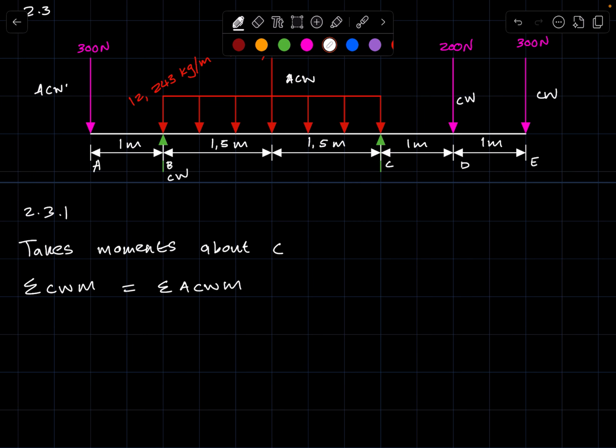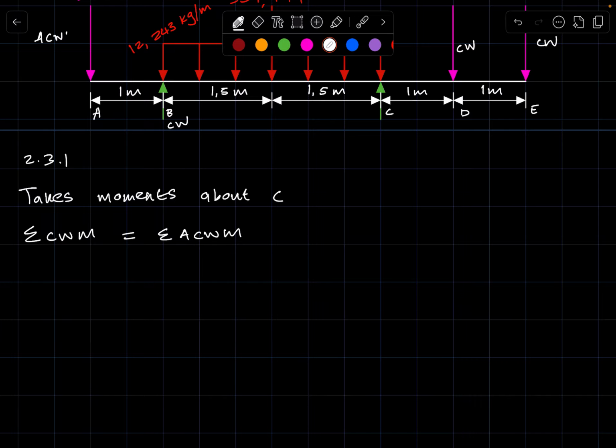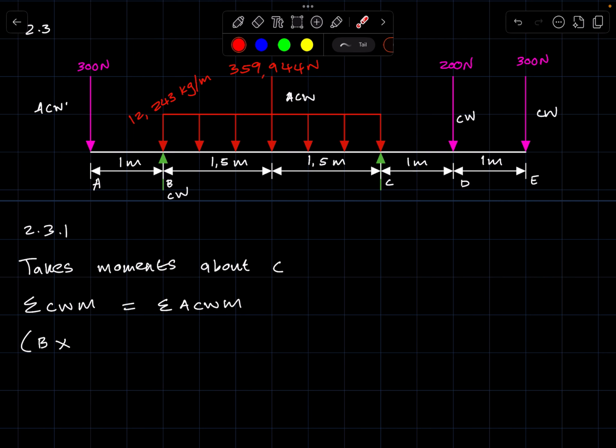So as far as clockwise moments, or forces that have a clockwise turning effect towards point C, we have the reaction at B. So that will be the reaction at B times, remember a moment is force times distance. Here is the force, the distance is the distance from that force to where we are taking moments about. So what is the distance between point B and point C? It is 3 meters.